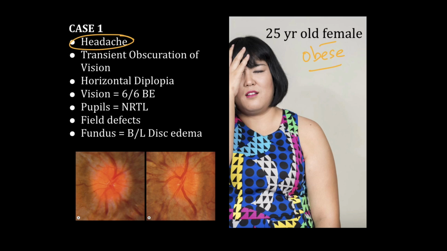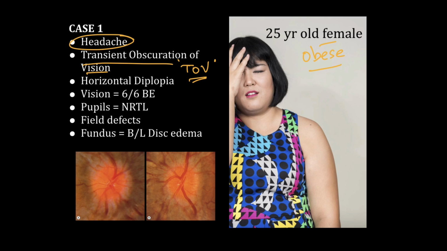And she gives a very interesting symptom, the transient obscuration of vision, a temporary loss of vision lasting for a few seconds to minutes, which occurs more when she changes posture, say from sitting to standing, or from lying to sitting, or even from bending to standing up. She experiences these symptoms of transient obscuration of vision.